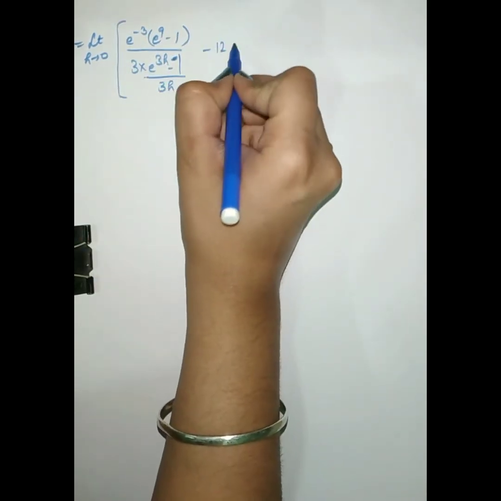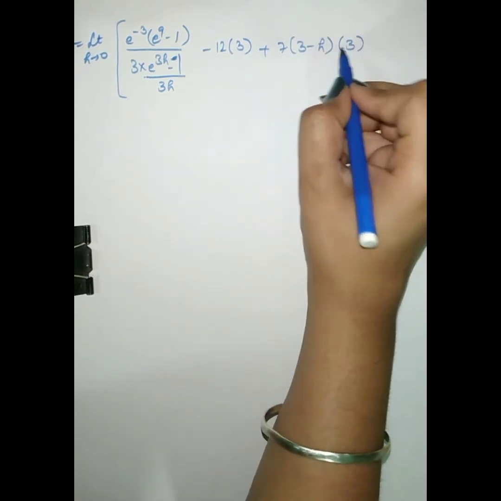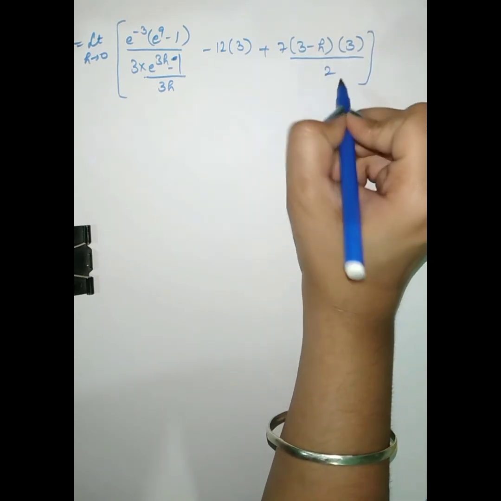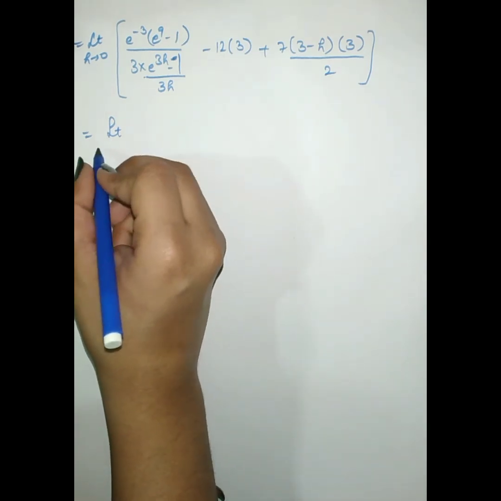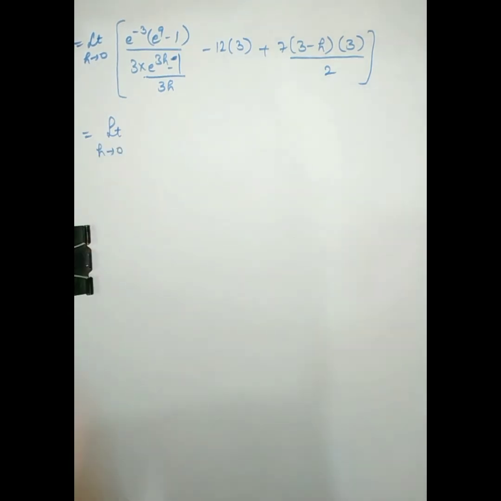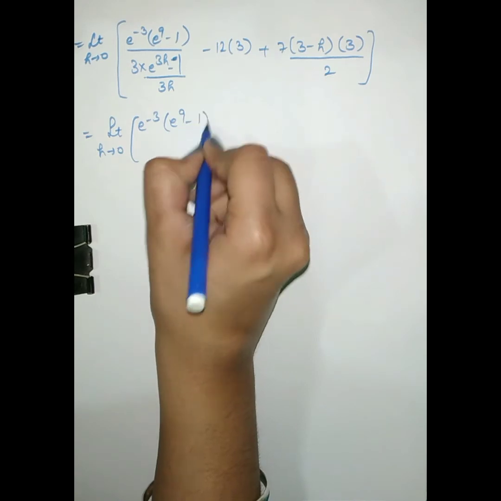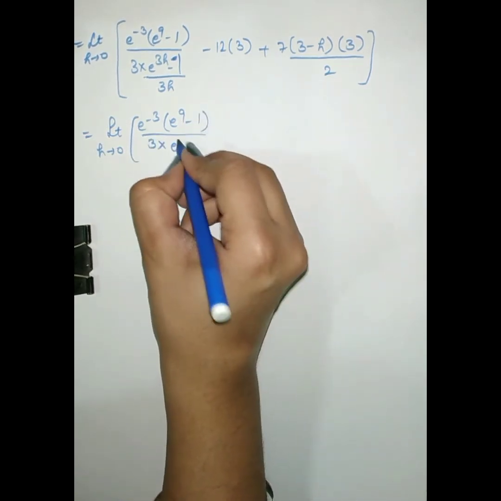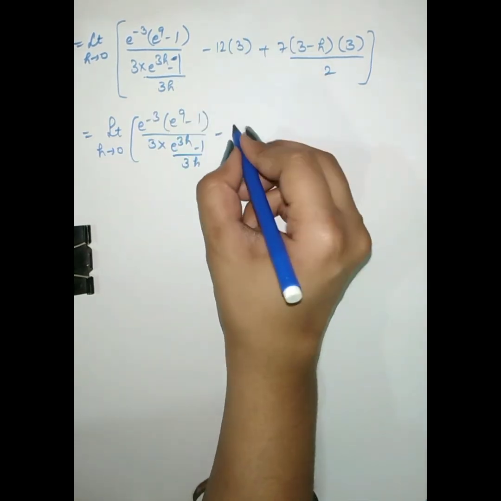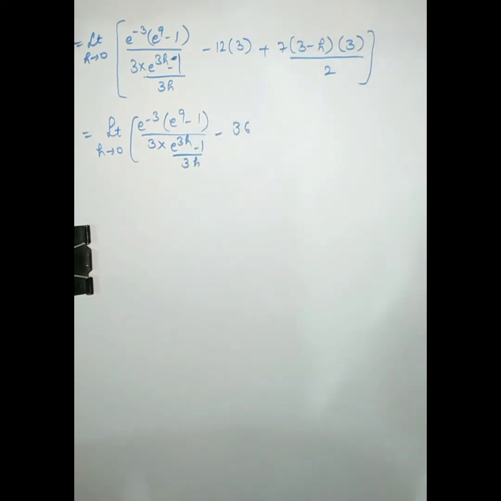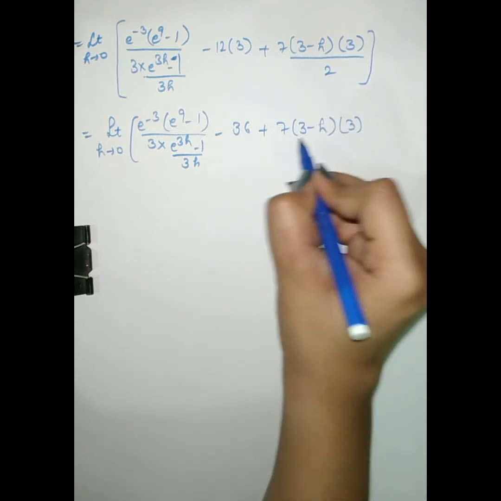minus 12 into 3 plus 7 into 3 minus h into 3 upon 2. That means here we get the term limit h approaches to 0, e raised to the power minus 3 into e raised to the power 9 minus 1 upon 3 into e raised to the power 3h minus 1 upon 3h, and this term will become 36, and here we get the same term, that means 7 into 3 minus h into 3 upon 2.